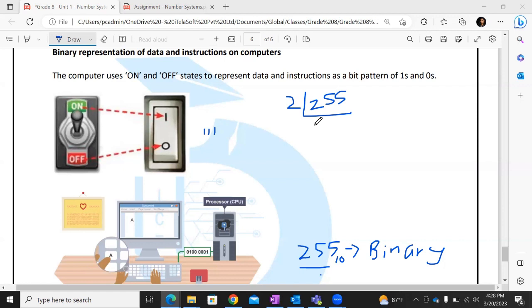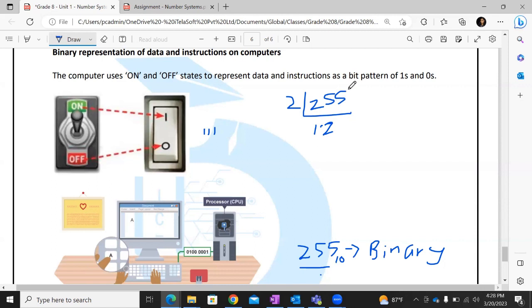Let me do it from the beginning side. So for 1, for 2, 1, and there's no remaining. For 5, we are taking 4, so we are taking 1. Then for 5, we have to take 4. This is 2, and 1 is remaining.